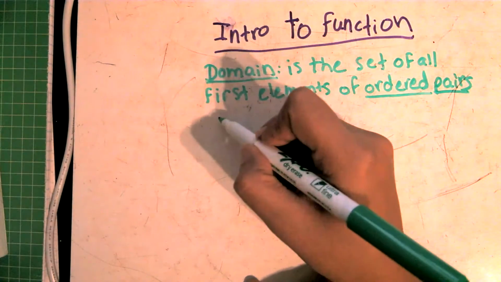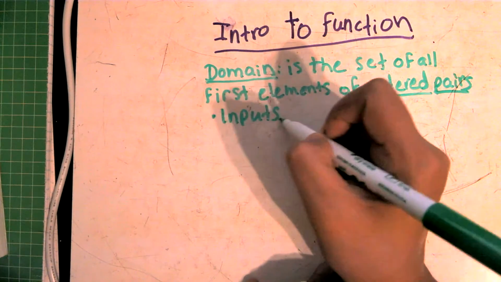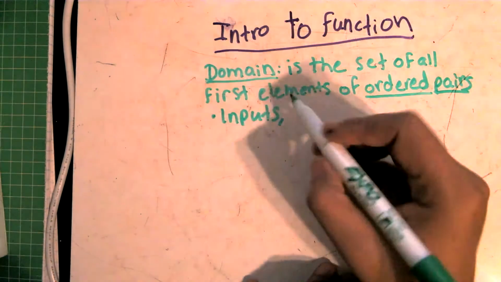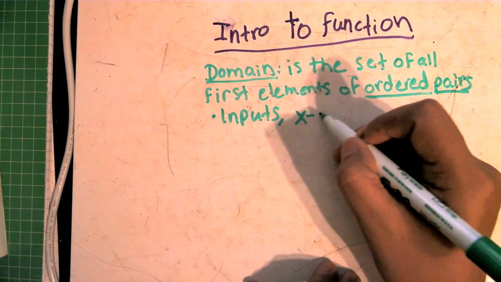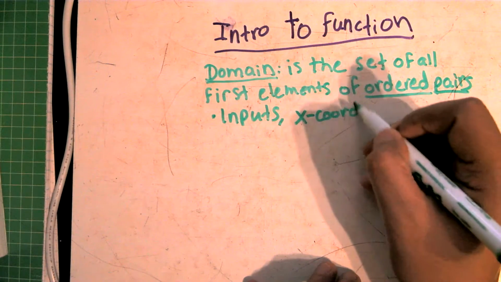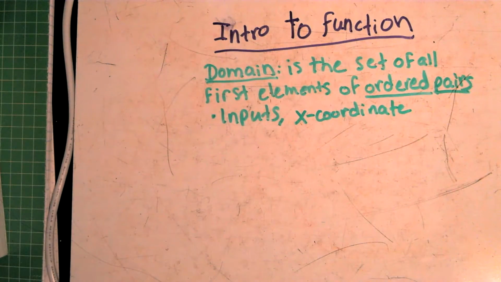Another word for the domain items we can call the inputs. And in math, in an ordered pair, the x value, the x coordinate, is a member or an element of the domain.